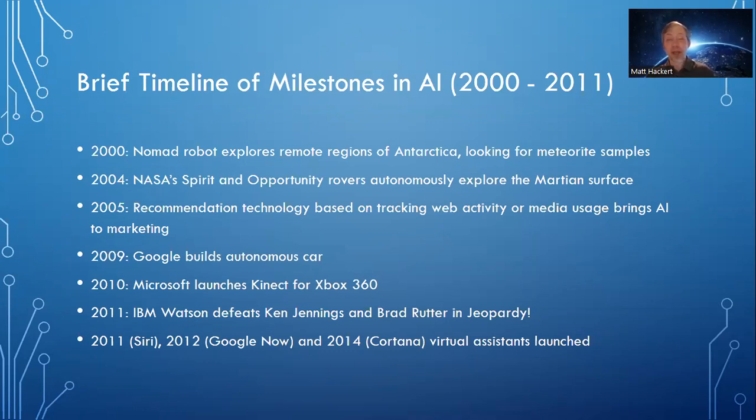In 2011, IBM's Watson computer defeated television game show Jeopardy champions Brad Rutter and Ken Jennings. In 2011 through 2014, so 2011, Apple's Siri, in 2012, Google's Google Now, and 2014, Microsoft Cortana are smartphone apps that use natural language to answer questions, make recommendations, and perform actions.